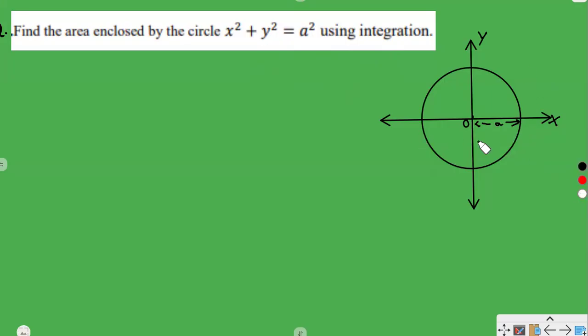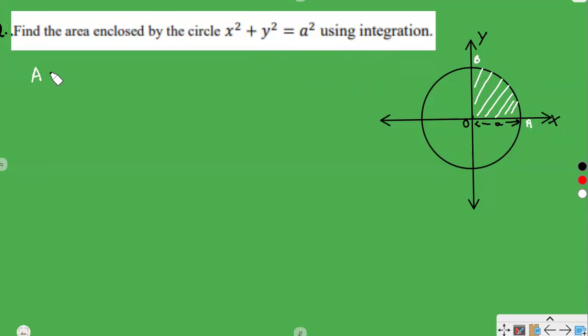And draw this. Now we are going to try to find the area of the circle. But first I'll just try to find the area of this part, which is only in the first quadrant. That is the area bounded by the x-axis, the y-axis and the circle. Let me call this OAB. So we'll find this area.